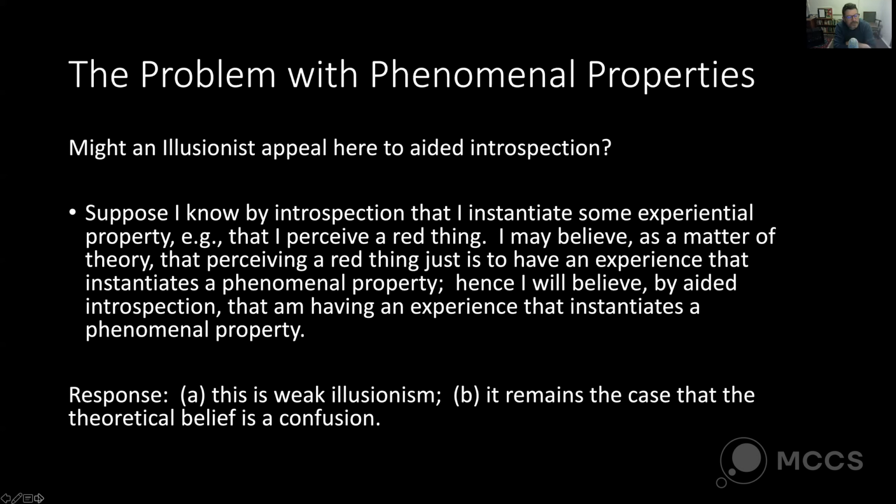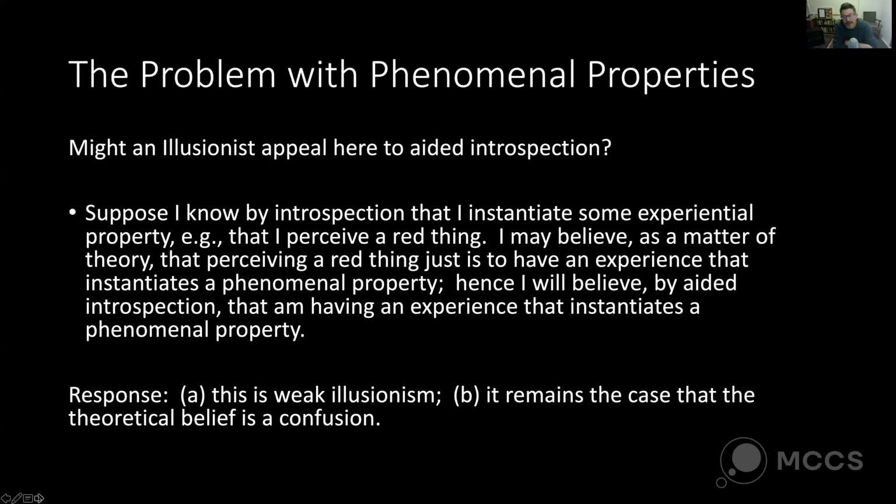But the response to this is very much like the response that we gave to the analogous move in the previous lecture. This wouldn't be real illusionism. It would just be weak illusionism, namely that this would just be an example of somebody, for whatever reason, having a false belief about the states that they're in, the properties that they instantiate. And that can certainly happen, but that's not the kind of illusionism that Frankish and his friends want to advance.